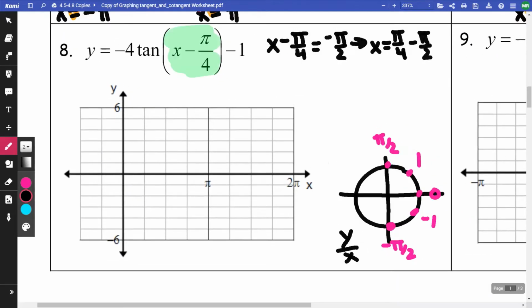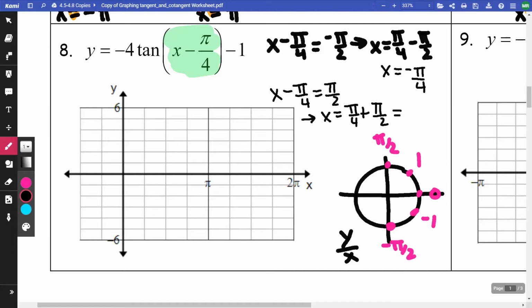And that is going to be pi/4 minus 2 pi/4, which is going to be negative pi/4. And then I'm going to take this and set it equal to a positive pi/2. And so that is going to be x is equal to pi/4 plus pi/2. So pi/4 plus 2 pi/4, which is 3 pi/4.